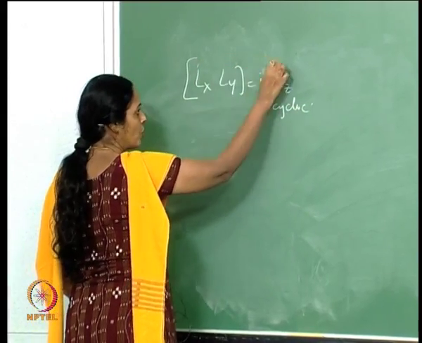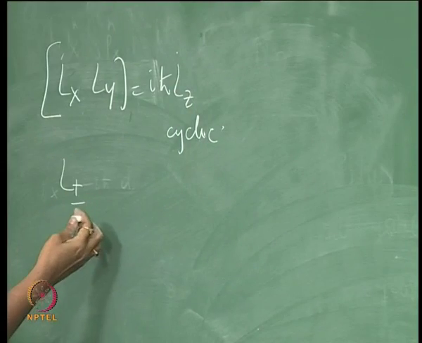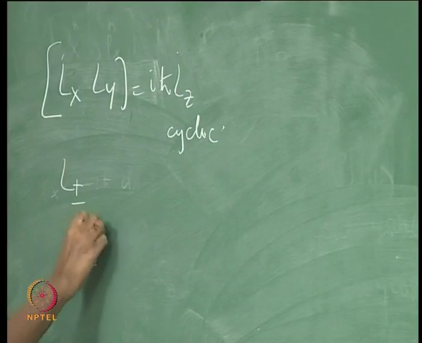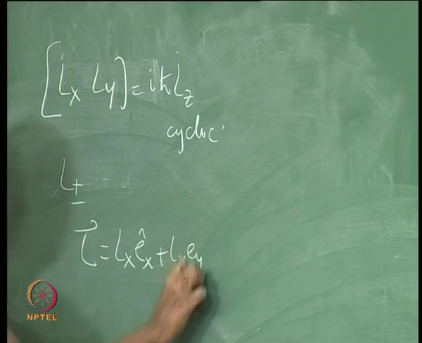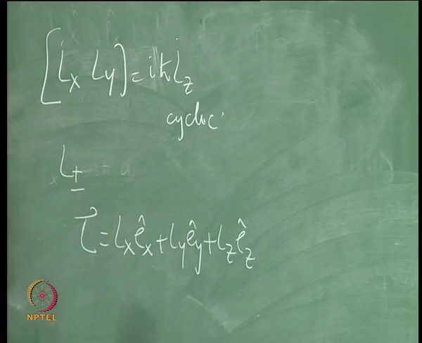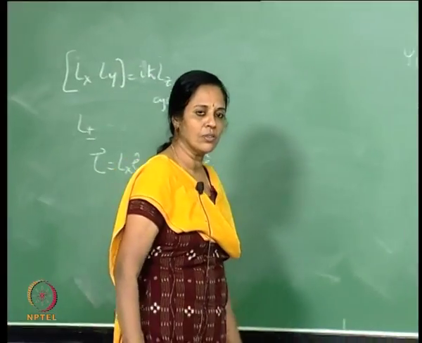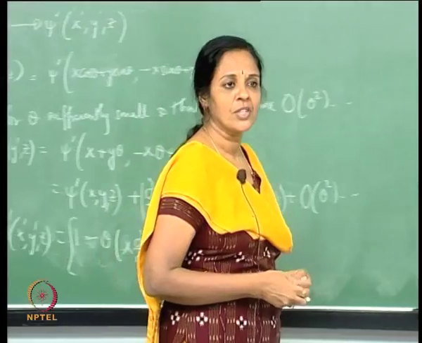These are operators, you could put the hat there. I could introduce L plus and L minus as before, and I have a vector L which is Lx Ex plus Ly Ey plus Lz Ez, which behaves under this transformation in the same manner in which the coordinates x, y and z behave. So here is another example of the SU2 group.